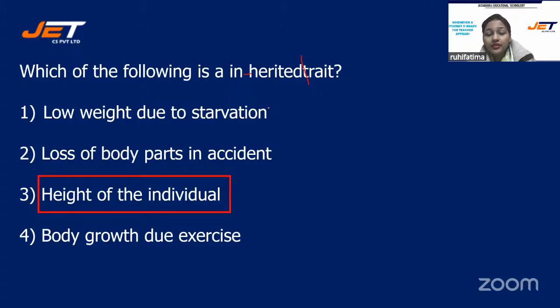The correct answer will be height of the individual. Those who have selected option 3, you all are correct.